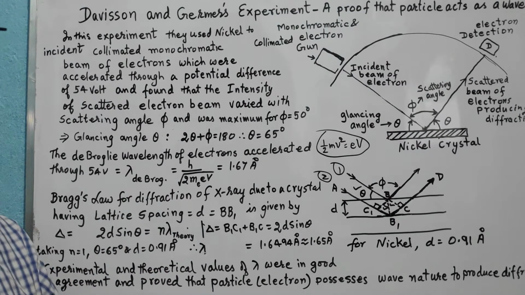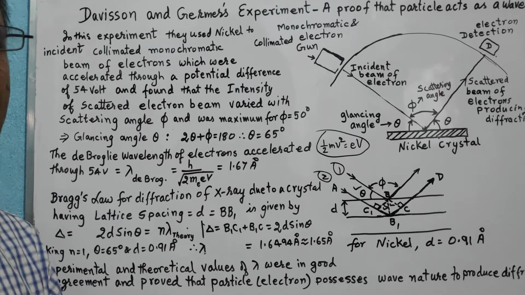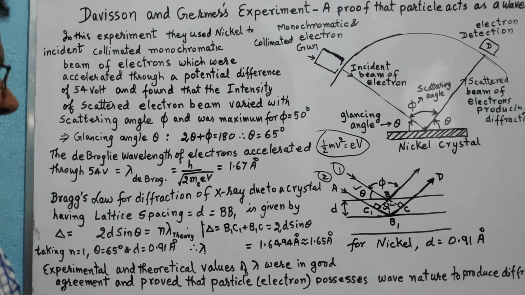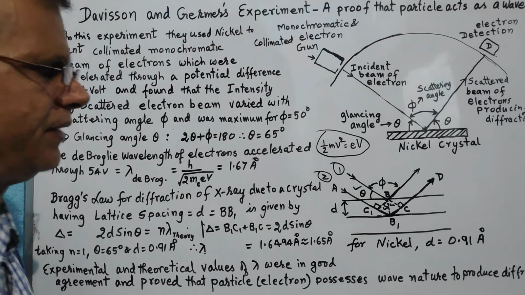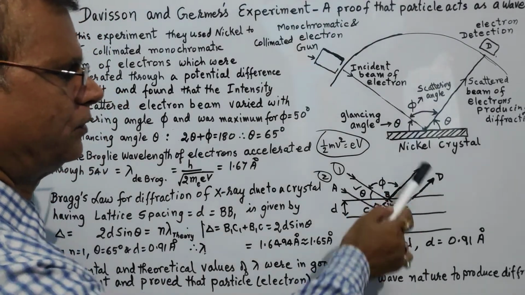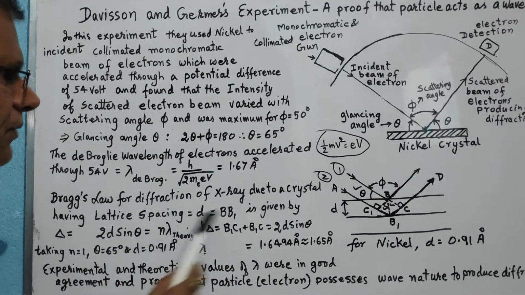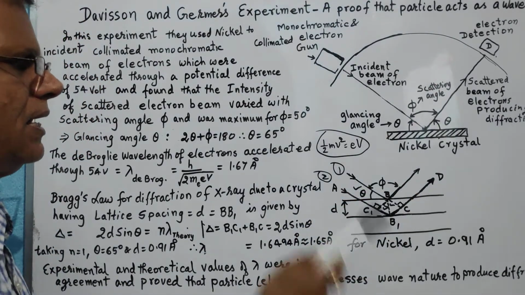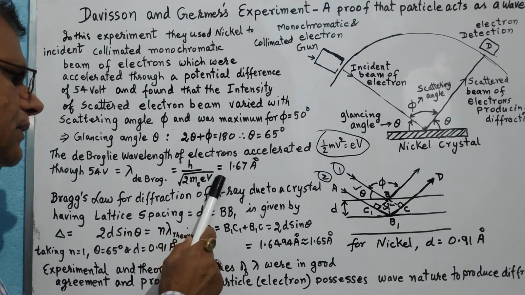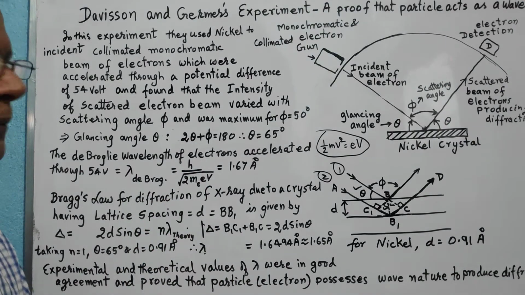If the path difference is equal to two wavelengths, still the phase difference will be zero. So this condition will be satisfied for the maximum intensity of the diffraction pattern, and therefore they calculated the wavelength associated with this wave which was producing the diffraction pattern, and that was found to be nearly the same as that predicted by de Broglie.